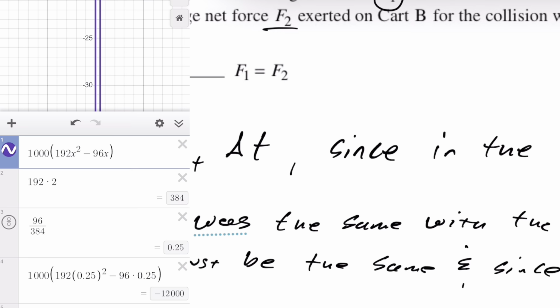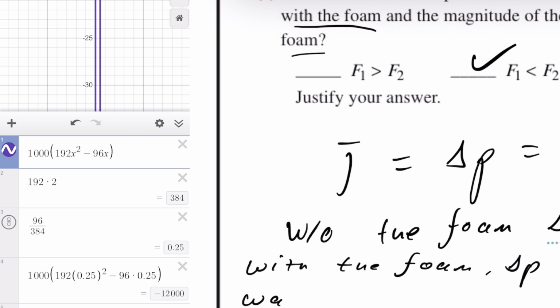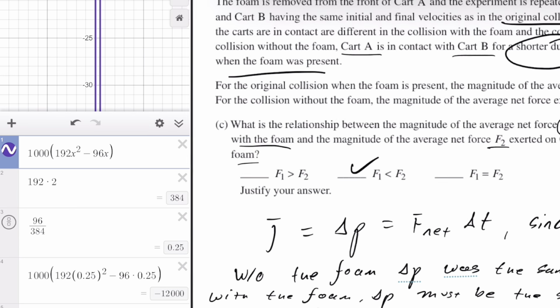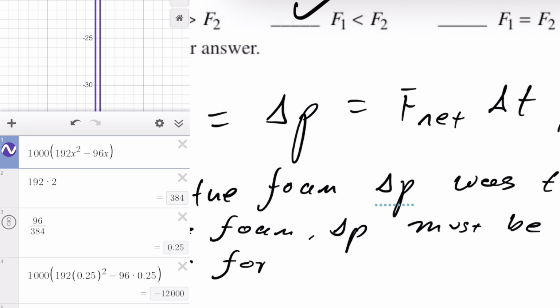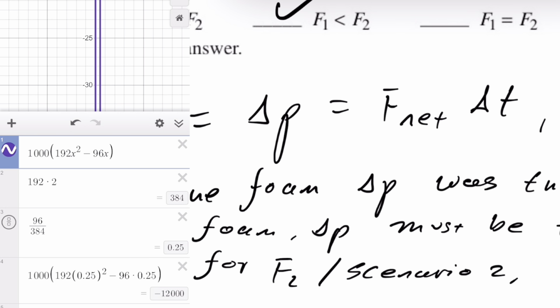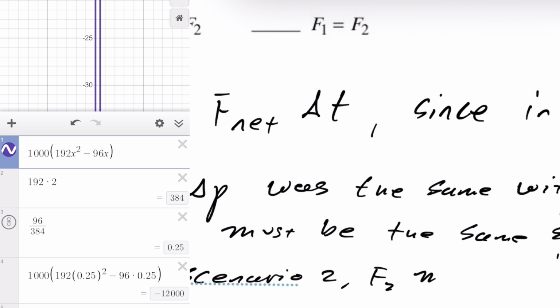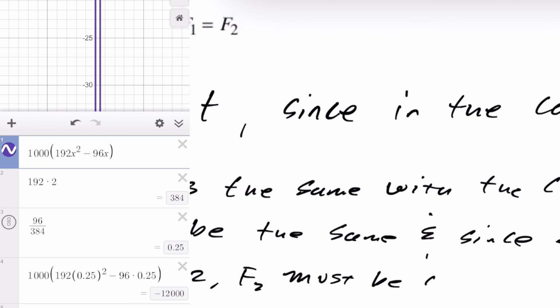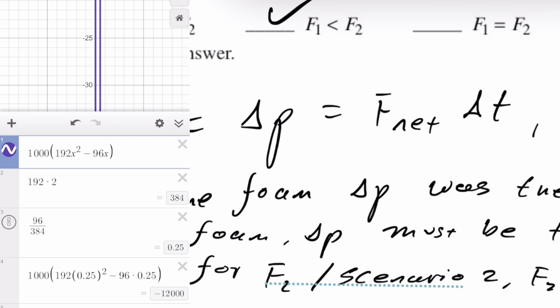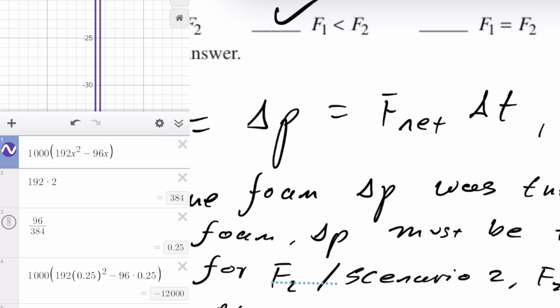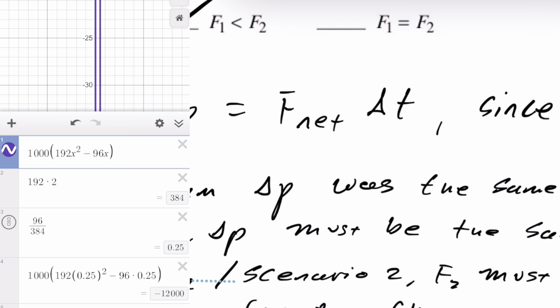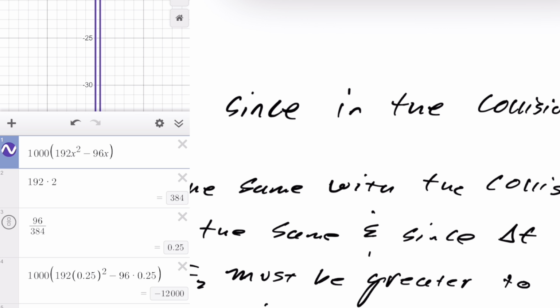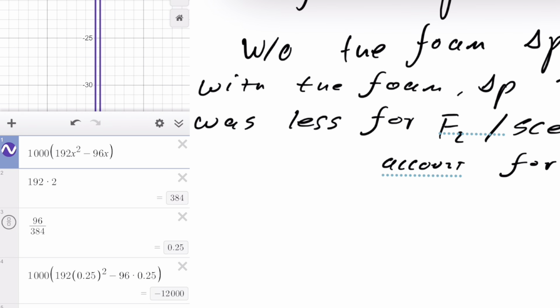And since delta T was less for F2, scenario 2, F2 must be greater to account for the change in delta T. Less delta T, higher F2.